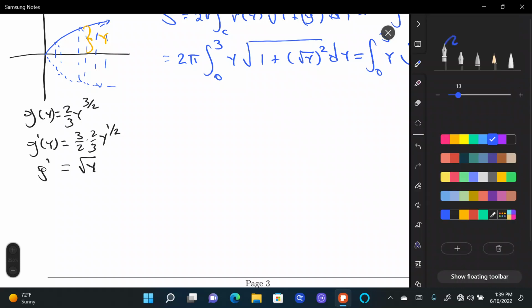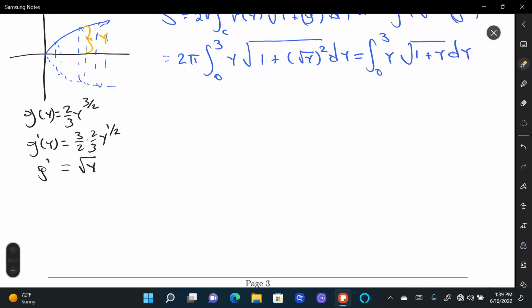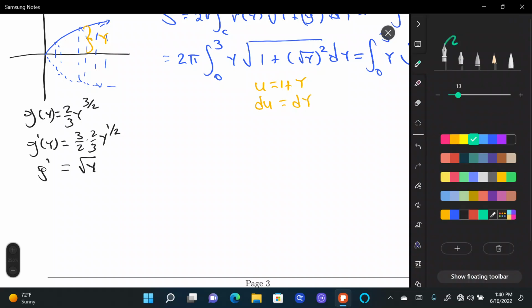So u equals 1 plus y. Du, okay, so that's number one ingredient. Du equals dy. So let me label this as number one, number two.